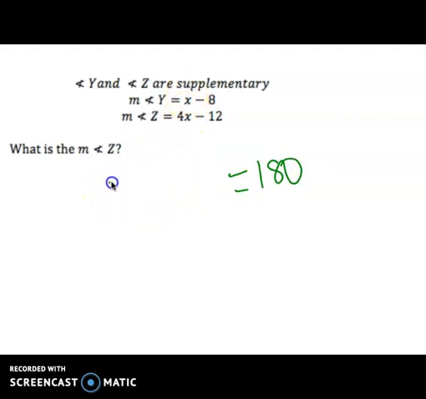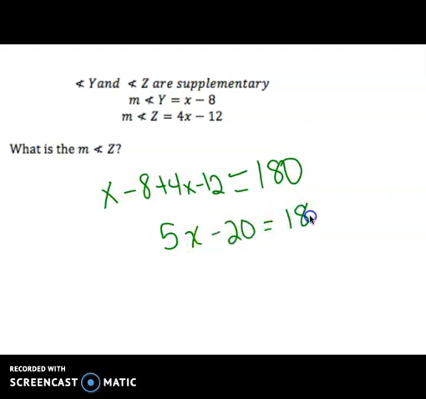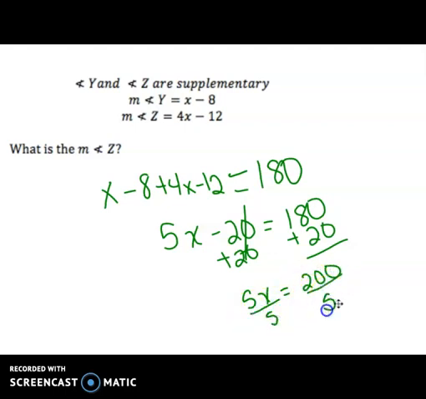Their sum, so I have x minus 8 plus 4x minus 12 has to equal 180 degrees. So I combine my like terms and I get 5x minus 20 equals 180 degrees. I am going to add 20 to both sides and I get 5x equals 200. I divide by 5 to both sides and I get x to equal 40.